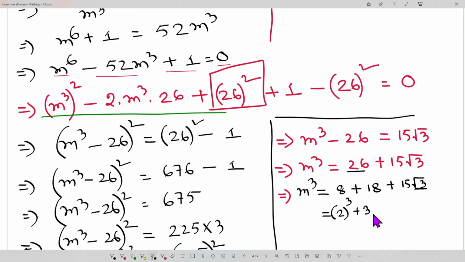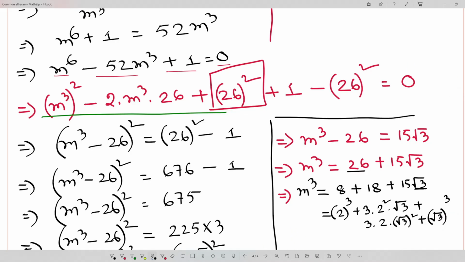It means 3a square means 2 square, and for b we can use root 3. Okay, plus again 3ab square. It means 3a means 3 times 2 and b means root 3 and square, plus finally b cube. It means root 3 cube.